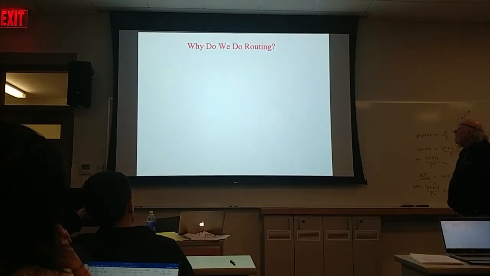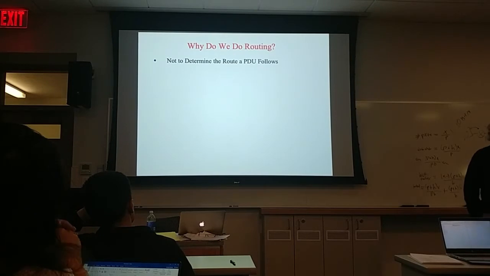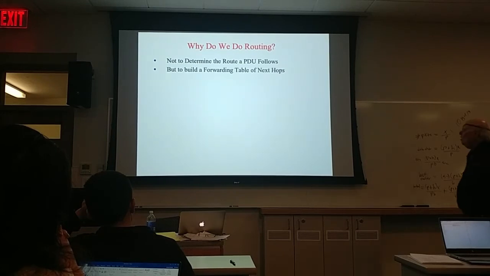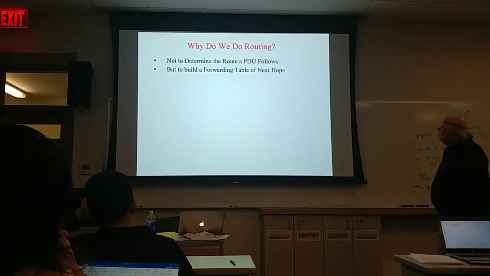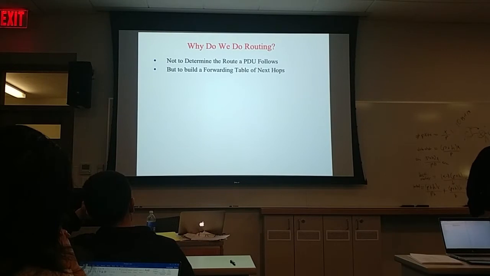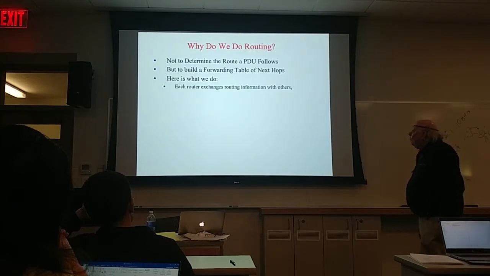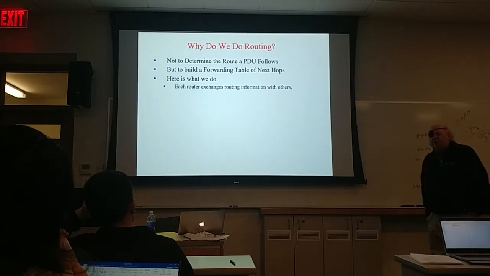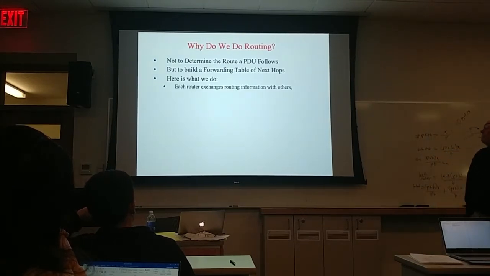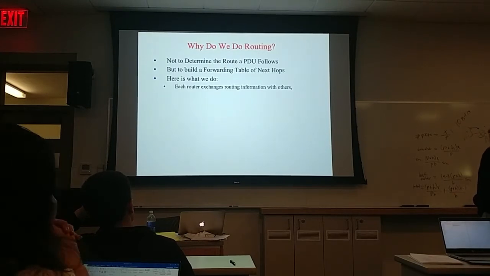Now, why do we do routing? Oddly enough, we don't do it to determine the route that the data unit is going to follow, but to build a forwarding table of next hops. All we want to know is, where do we send it next? So here's what we do. Each router exchanges routing information with others.